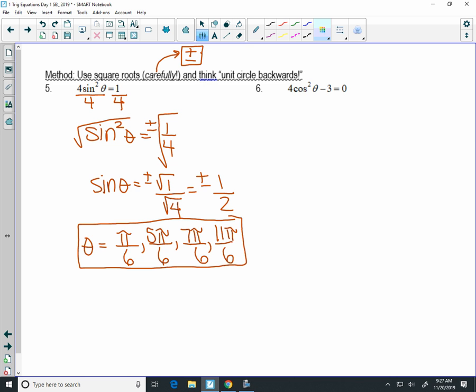All right, cosine squared equals 12... so I'm going to add 3 here. Again, it's a really good indicator that you're doing things right if you end up with a unit circle fraction, like 1/2 or radical 3 over 2 or radical 2 over 2.